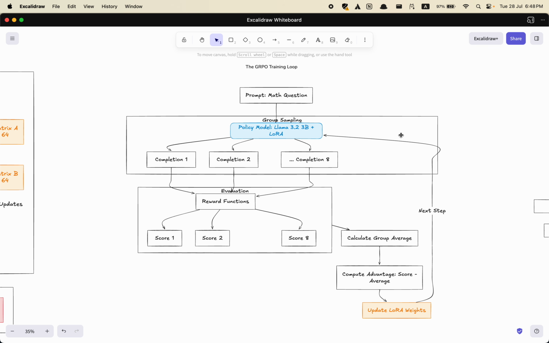Then it runs again. If completion 2 scored below average, it's penalized. This keeps it in a self-contained evolutionary loop where the model constantly tries to beat its own average, which is pretty cool.